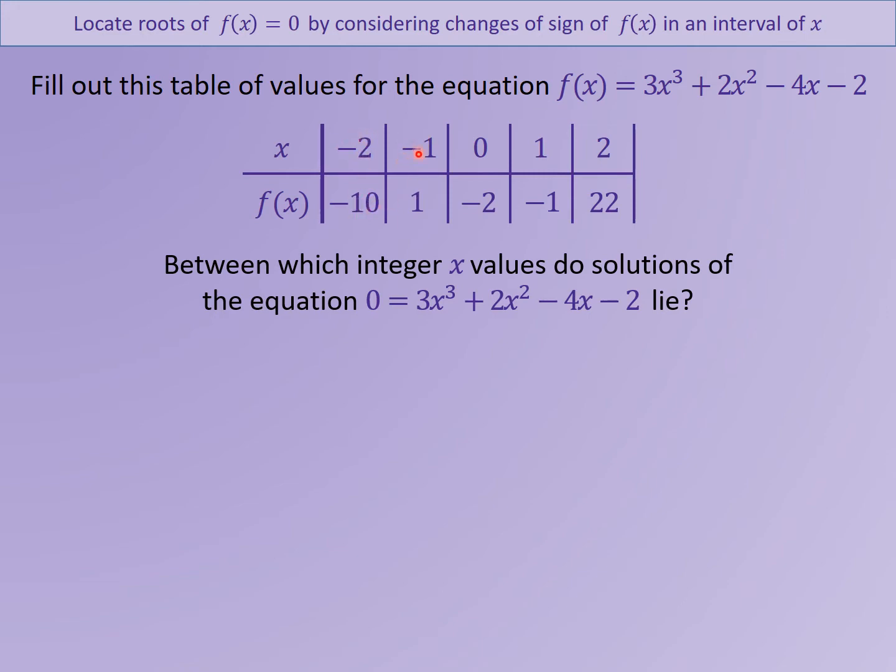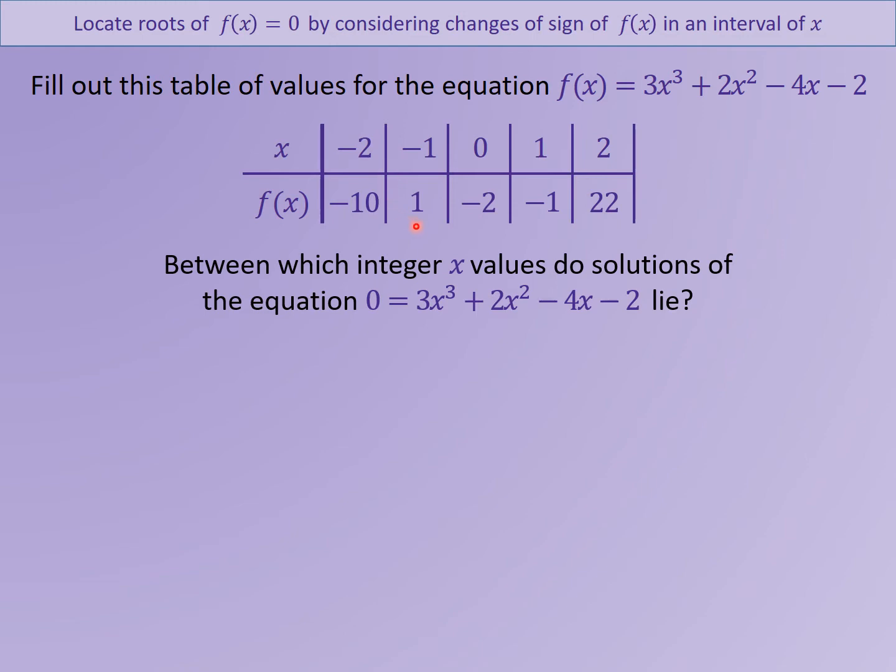When you subbed in -1, you got a positive answer, 1. Somewhere between -10 and 1, you had this change of sign. It was negative to start with, and then it became positive. And if it's negative and it became positive, somewhere in between there, certainly for a cubic function like this, there should have been a 0. So somewhere between -2 and -1 should have been a 0.